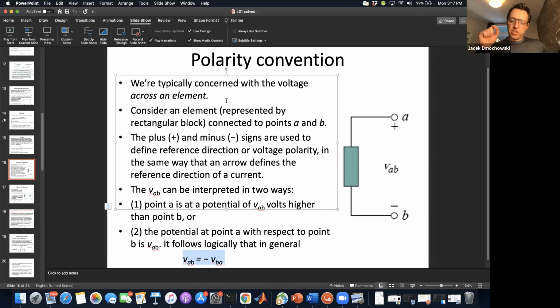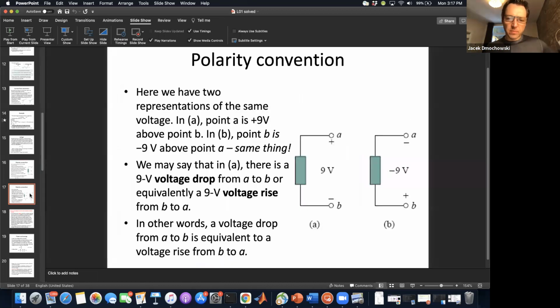Whenever you say the voltage at point X is 10 volts, what you're actually saying is that that point is 10 volts higher than the reference in your circuit. And we'll get into what a reference is. But again, voltage is very much a relative measurement. You always need to have a reference.